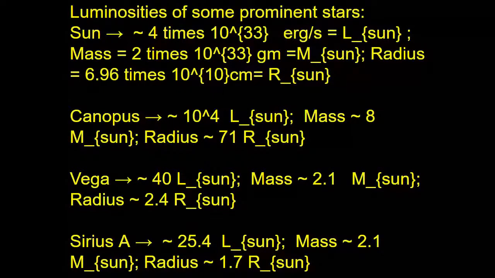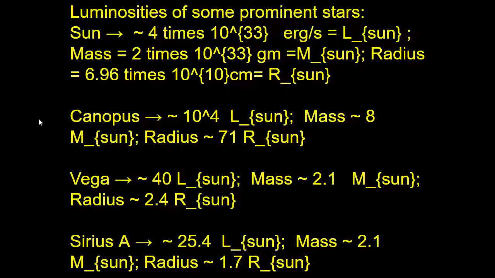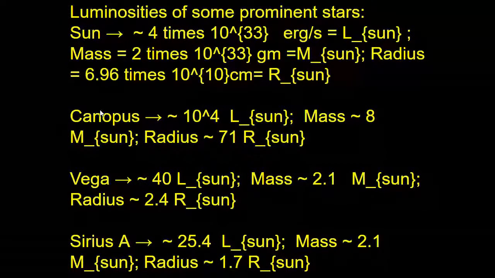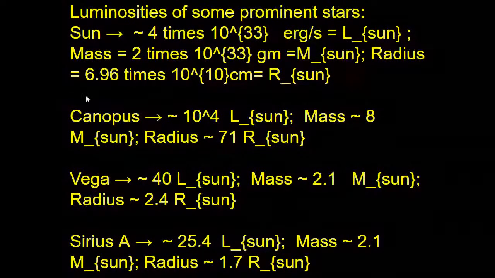Now let's go to some of the other bright stars. Canopus, or the star Agastya, which from Delhi can be seen only very close to the horizon. But if you want to get a good view of Canopus, you have to go southwards from Delhi. In fact, from Chennai, the Canopus star is visible very prominently.